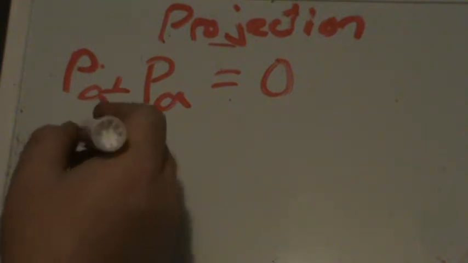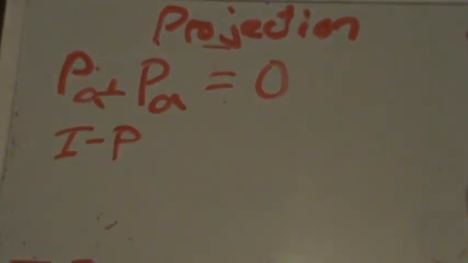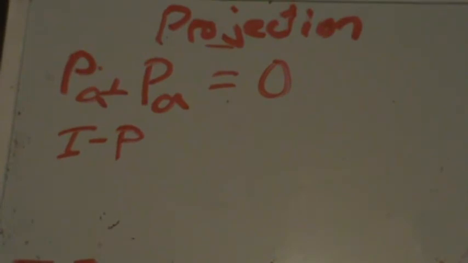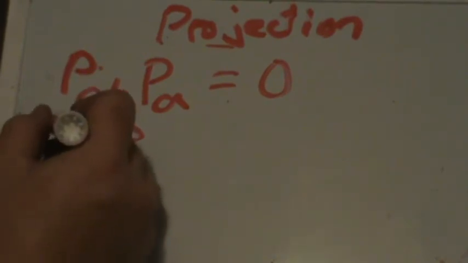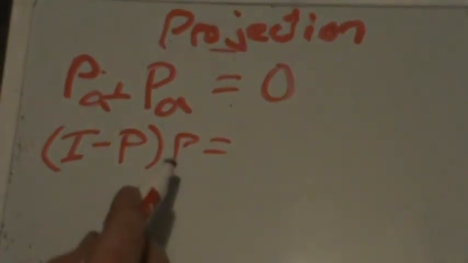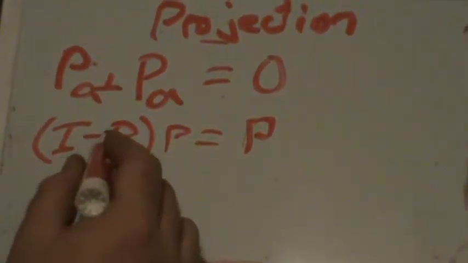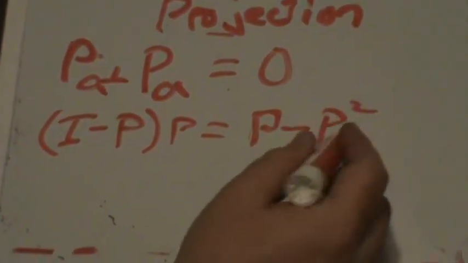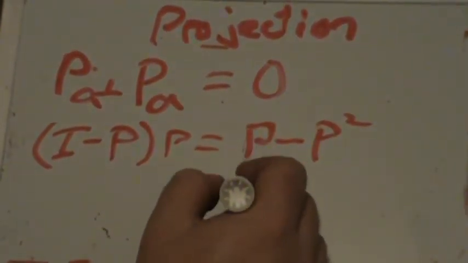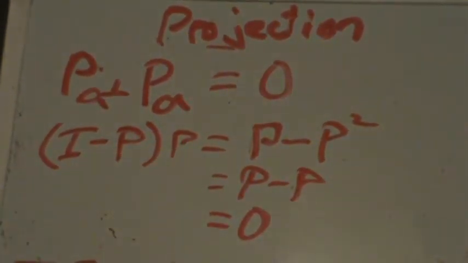Now, consider for a second the matrix I minus P. So if I have I minus P, what would happen if I multiplied it by P? Well, the distributive property would give me P minus P times P, which is P squared. We've already shown P squared equals P. So I've got P minus P, so that's got to be equal to 0.